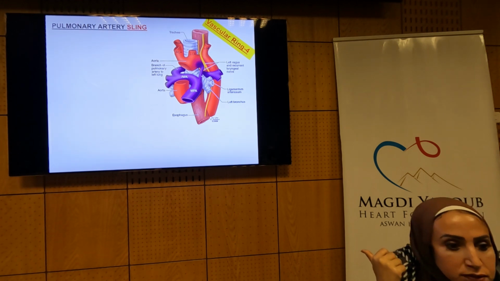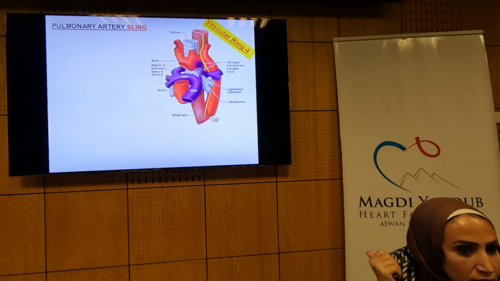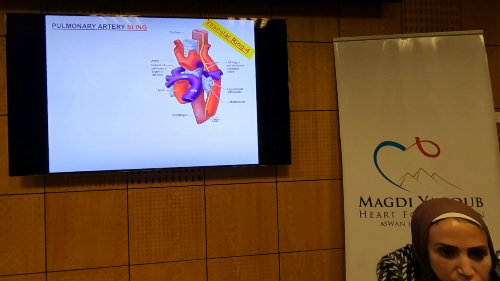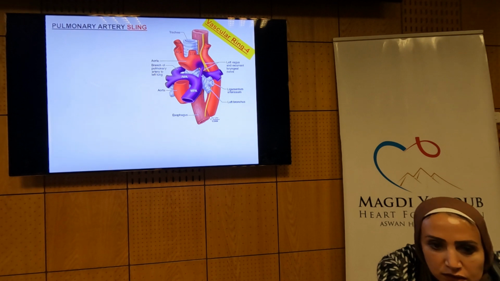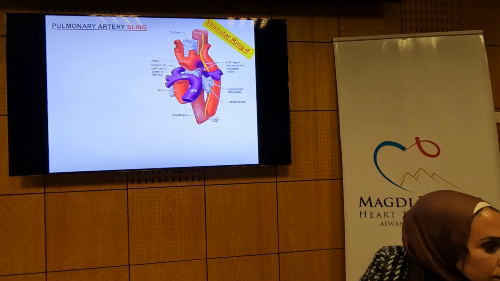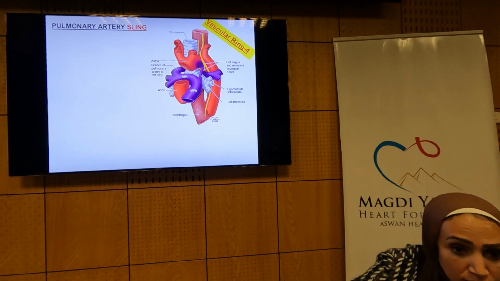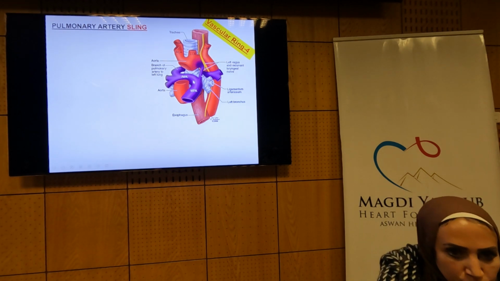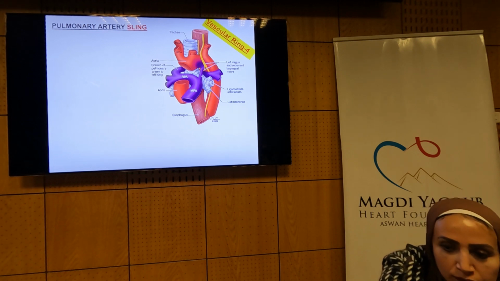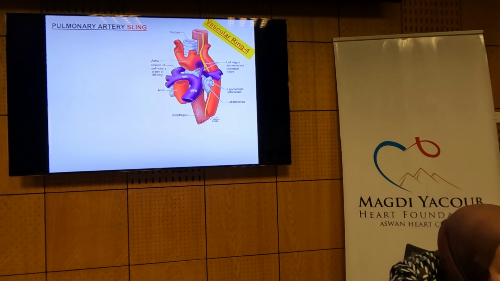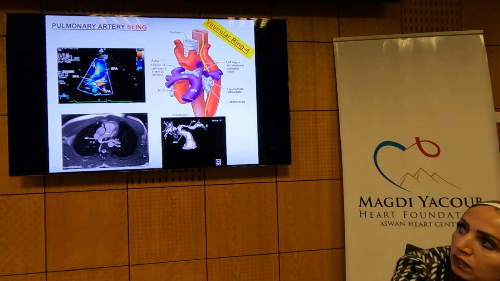This is a peculiar vascular ring because it encircles only the trachea, not the esophagus. So the symptoms in a patient with a pulmonary artery sling will be only respiratory. This patient gains weight, has no problem with feeding, but you always have this patient with stridor or wheezy chest or recurrent chest infection.